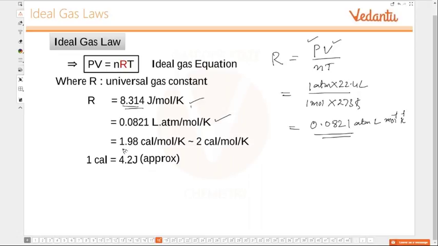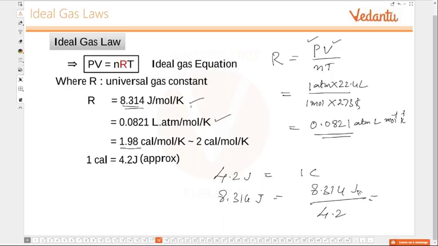Next, we can also do it in calories. This can be converted into calories. So 4.2 joules is equal to 1 calorie, right? Then 8.314 joules is equal to how much? 8.314 joules divided by 4.2 gives you calories.